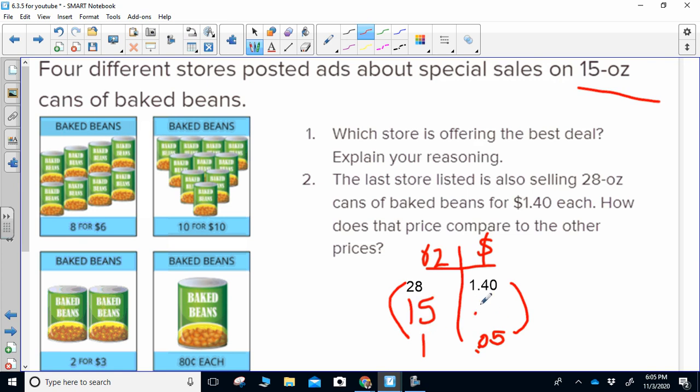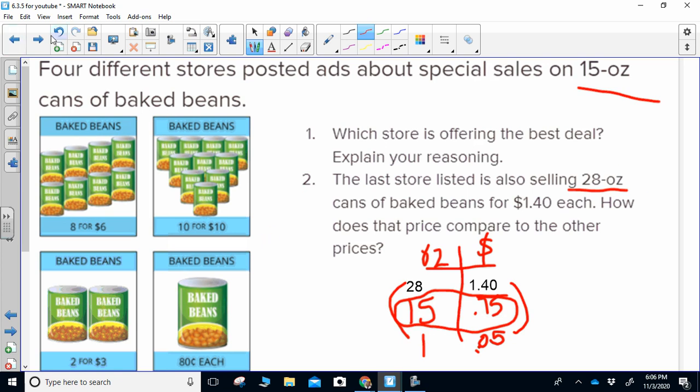So at the last store, the 28-ounce can is actually the same price, not really, but it is. It costs you the same for 15 ounces. So if you needed a lot of beans, you would want to buy the 28-ounce cans there, and you would get them at the same price as store A.